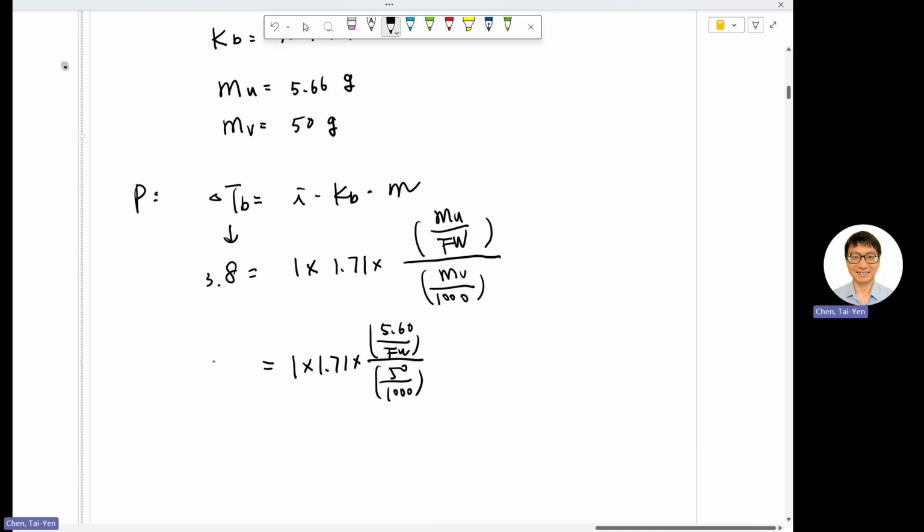Okay, so therefore we know 3.8 is going to equal all these things, right?